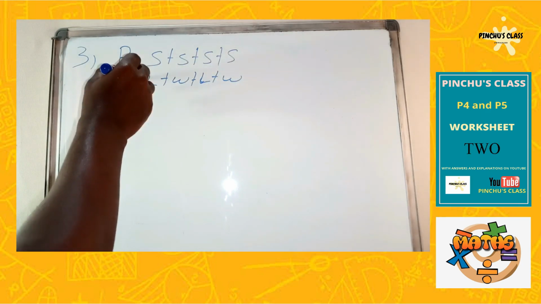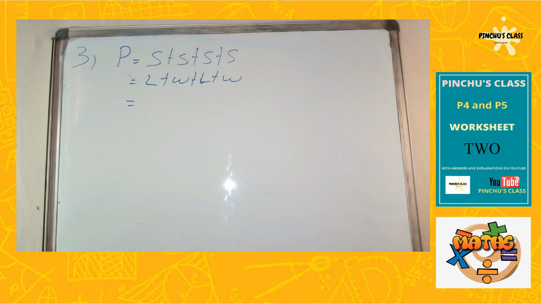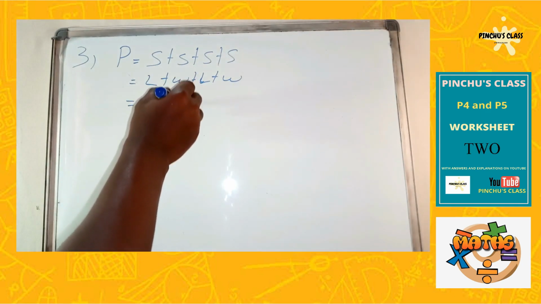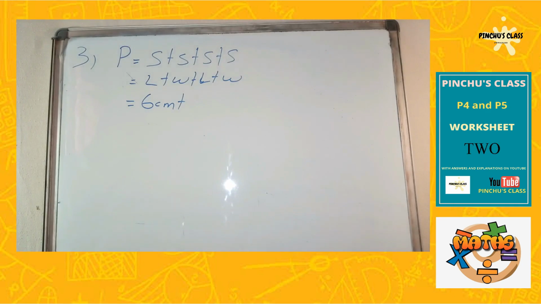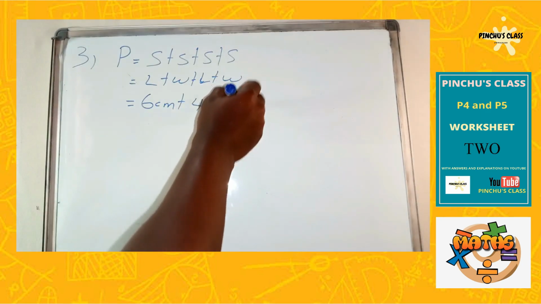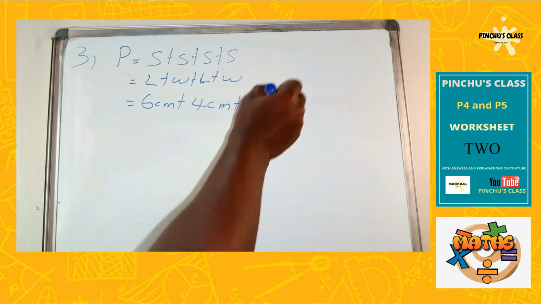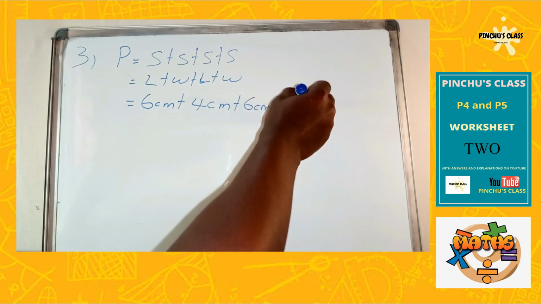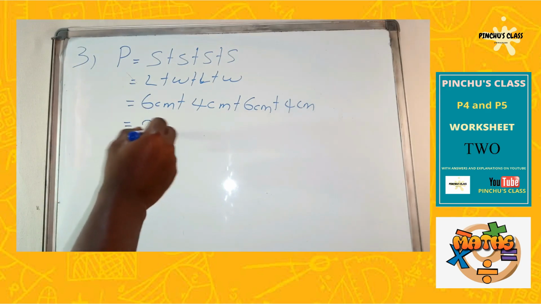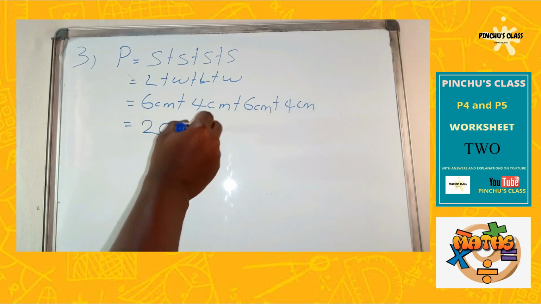Our length is 6 centimeters plus our width, which is 4 centimeters, plus 6 centimeters plus 4 centimeters. Now this is going to give us 20 centimeters.